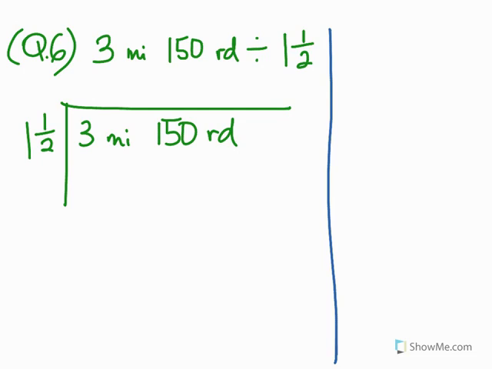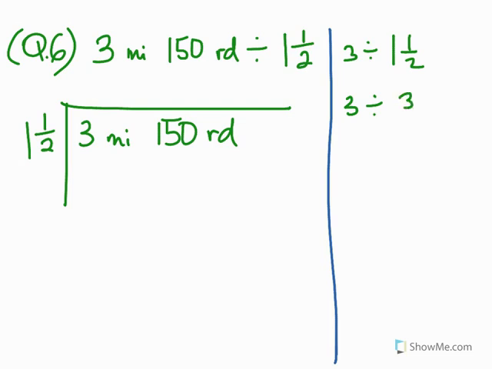I will do 3 divided by 1.5. Now, you are given 1.5, so use 1.5. Don't go and start converting it. Use what you're given and express it in the same format as you're given, unless your instructor tells you otherwise. So this is 3 divided by 1.5.